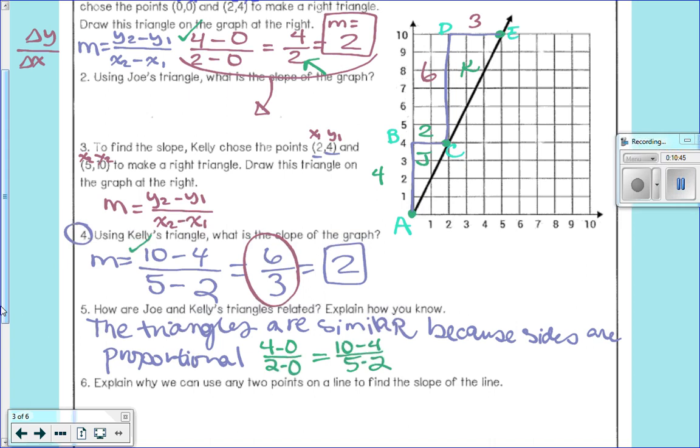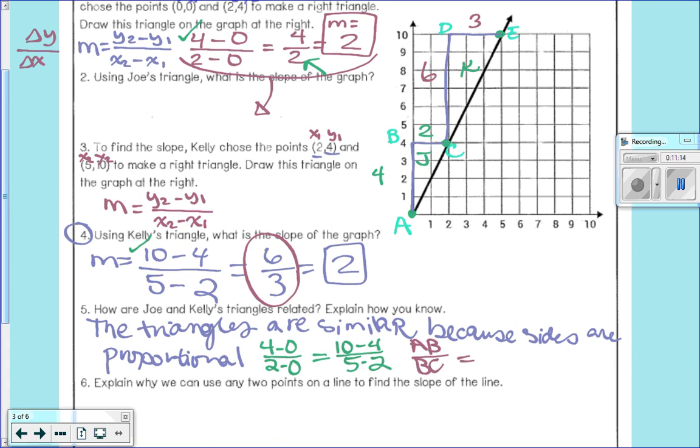Using the letters, let's do our rise over our run. So what side is our rise for Joe? What is our rise? A, B, good. And what's our run? You got it, B, C.